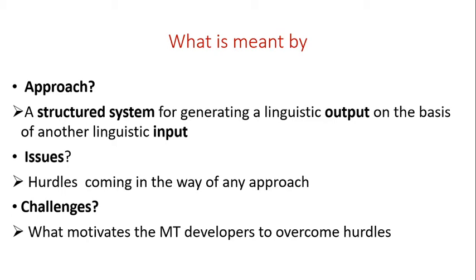In our terminology we call this source language or source text, and then on the other side, the delivery side, is another linguistic output. We call it target language or target text. But in between there is this structured system for generating this linguistic process, whereas there is an input and which generates the output.